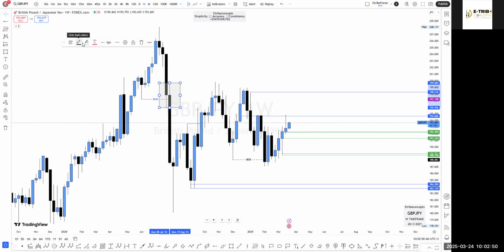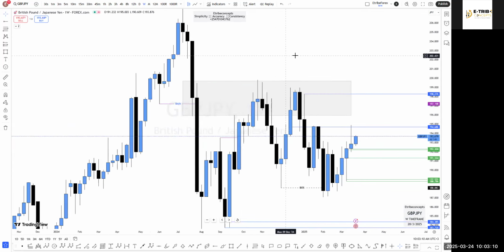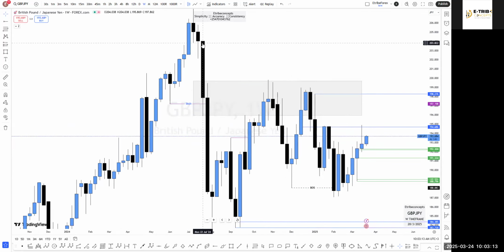Just a moment. Yes, at this particular point we have a weak overlap. When I'm talking about weak overlap, you see, before when the sellers were coming in, this was the closing price, and then this was the lowest price. Before the market continued selling, you realize that probably at this point buyers came in and went upside.